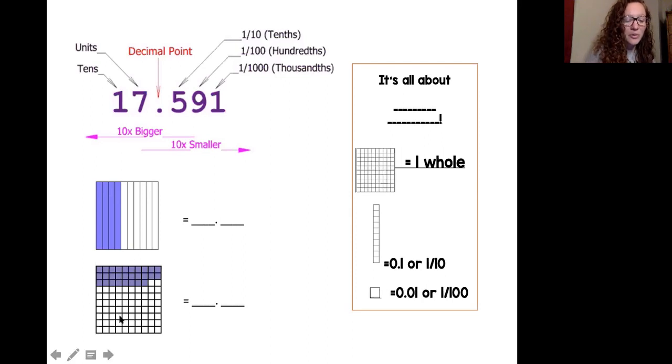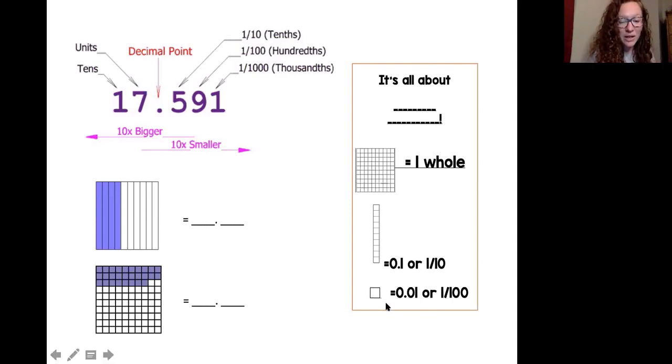This other square with the tiny boxes is cut up into 100 pieces, which means 100 is my denominator. So that's going to be out of hundredths. So over here on the right, remember, it's all about place value. If I'm assuming that one square is a whole, then that means one stick is going to be 1/10, because it would take 10 of those skinny sticks to make up the one whole.